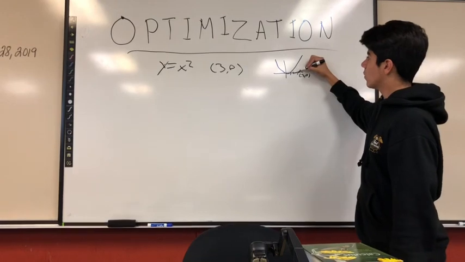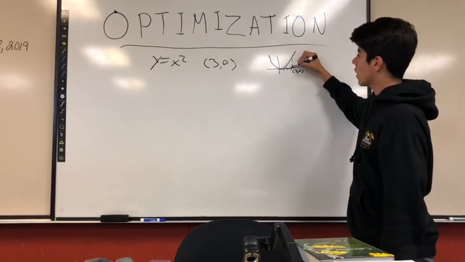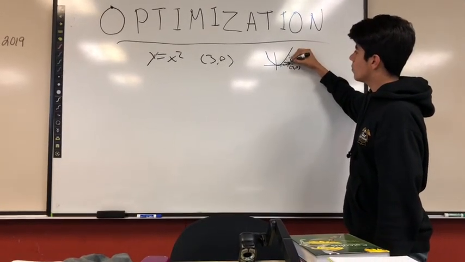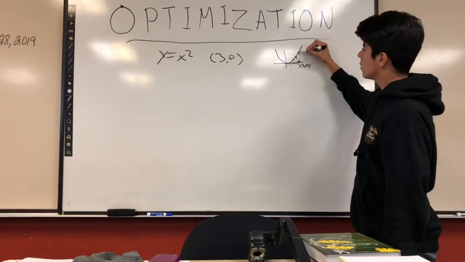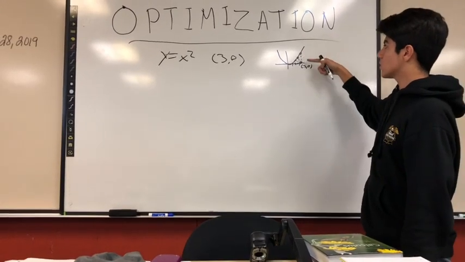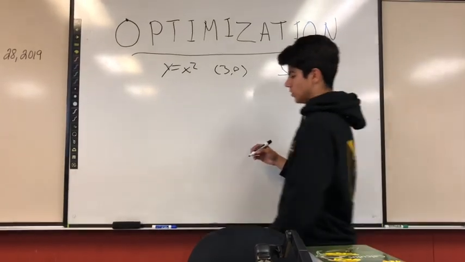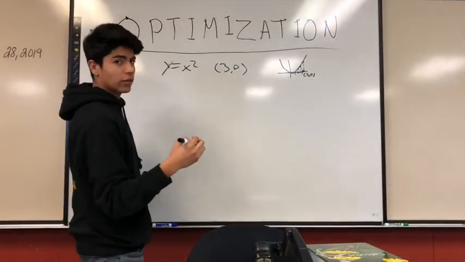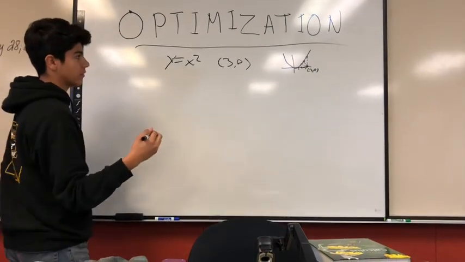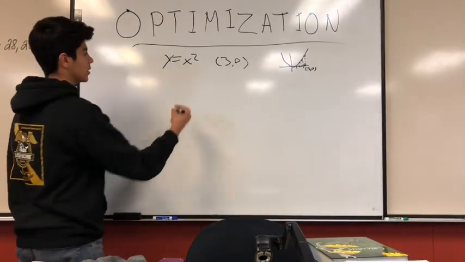And so what we're looking for is the distance to this graph. We're looking for some point on this graph that has the smallest distance to point 3, 0. If we're familiar with the distance formula, that's going to be our first equation. Here we're optimizing for distance, looking for a minimum specifically.